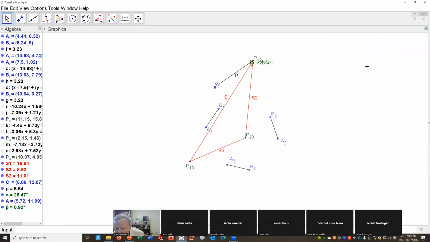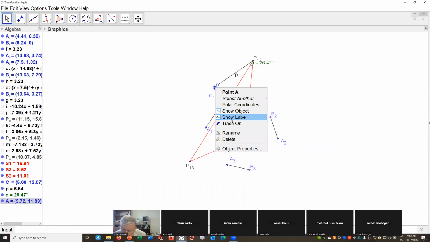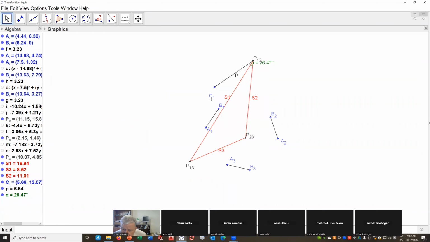I think I'll erase it and redo it. I think I'll delete this. That's C1, right? Okay.